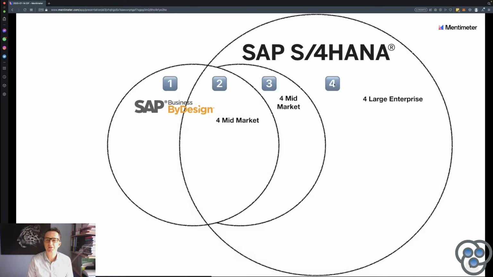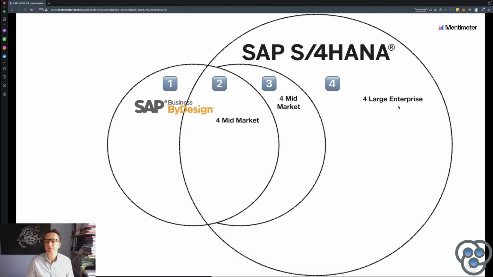It has more functionalities, more processes. As we said, 1000 processes in S/4HANA Cloud versus 300 in SAP Business ByDesign, so there's even much more. And many of those are built for large enterprises.